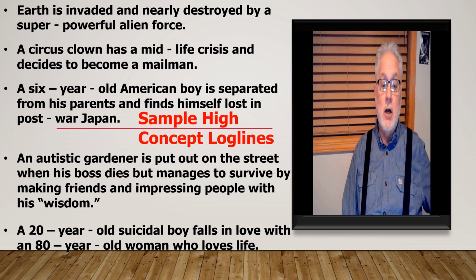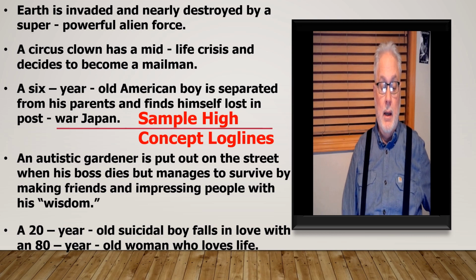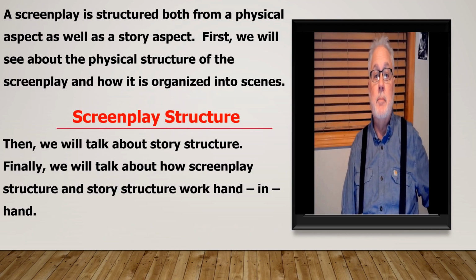An autistic gardener is put out on the street when his boss dies, but manages to survive by making friends and impressing people with his wisdom. And a 20-year-old suicidal boy falls in love with an 80-year-old woman who loves life. So those are some of the examples of high concept.